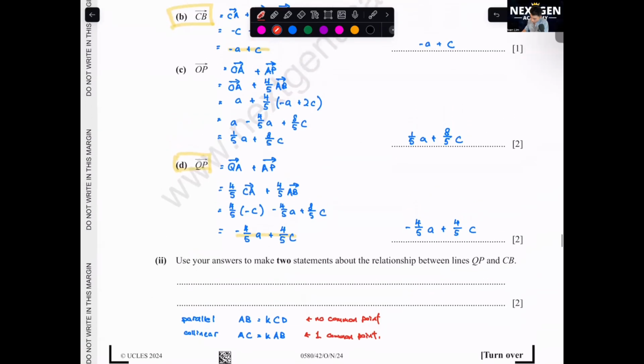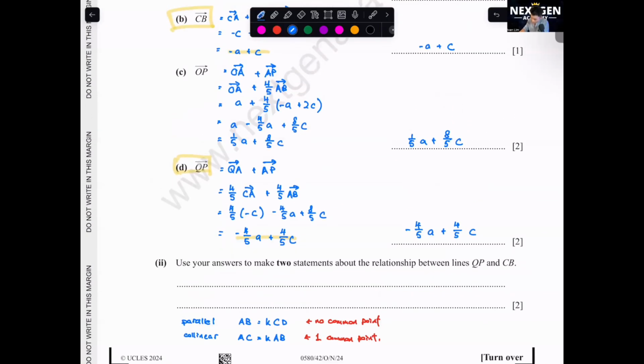So we look over here, QP and CB. Can we write the relationship like this? QP is equals to negative 4 over 5A plus 4 over 5C, which is equals to 4 over 5 of negative A plus C, which is equals to 4 over 5 CB. They don't expect you all to write this, but this is the proof. So QP is equals to 4 over 5 CB.